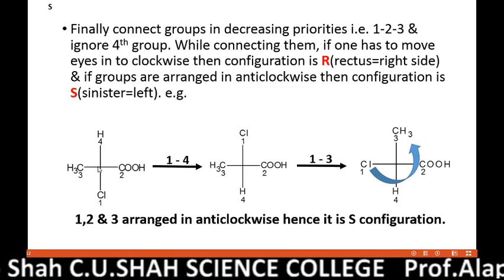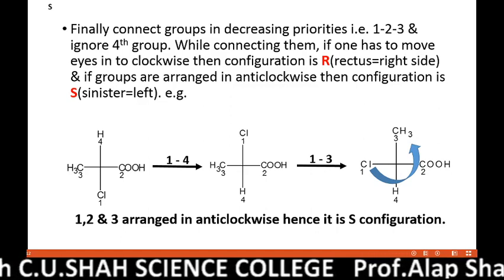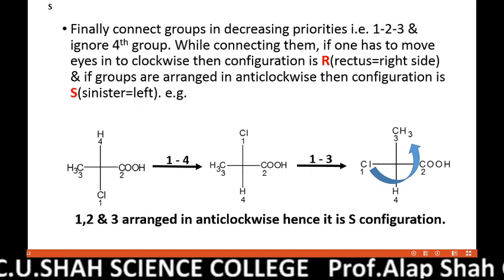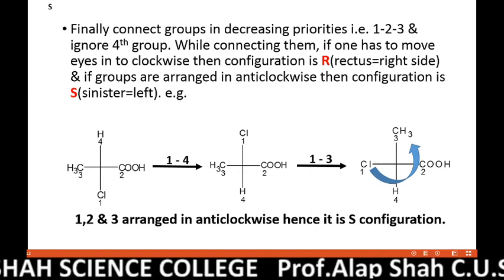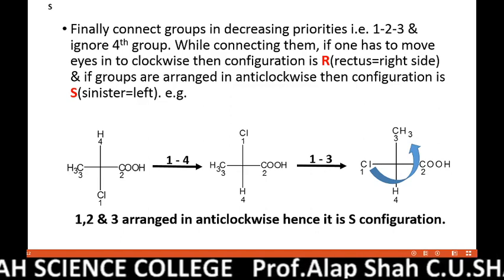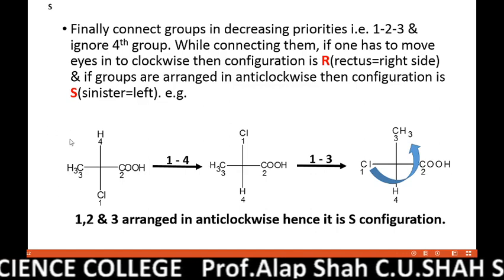Number 1 is the most prior group, number 4 is the least prior group. The criterion is atomic number Z. The higher the atomic number of the atom directly attached to the asymmetric carbon, the higher the priority.